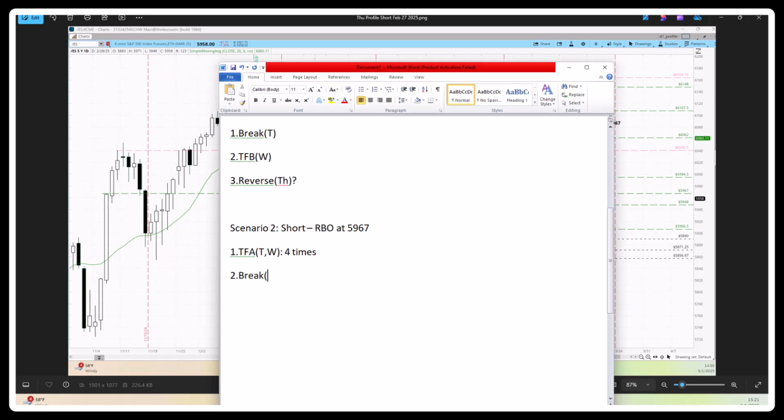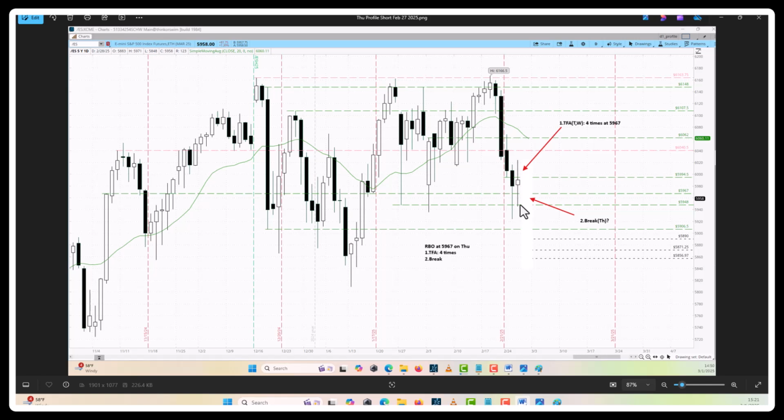In this case, it's a real breakout, and it's going to create a real breakout on Thursday. So right there, it's the real breakout at this level, 59.67. Test from above 2 times and 2 times more before that, and then it's going to break. That's the 2 scenarios right there.